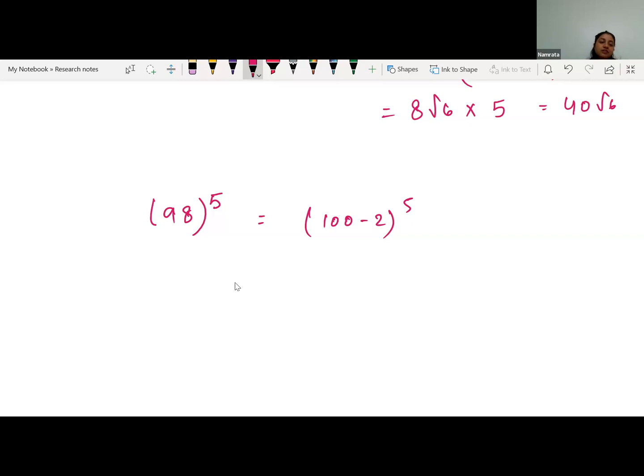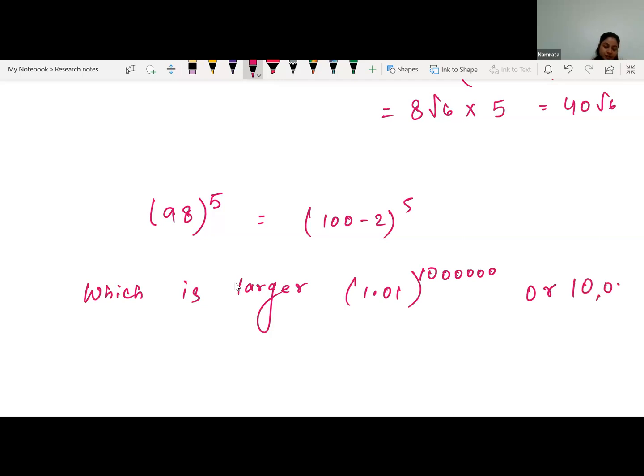Now if we have the question which is larger, 1.01 to the power 1, let me check how many zeros are there: 1, 2, 3, 4, 5, 6 zeros. This one is larger, or 1, 2, 3, 4, this one is larger?